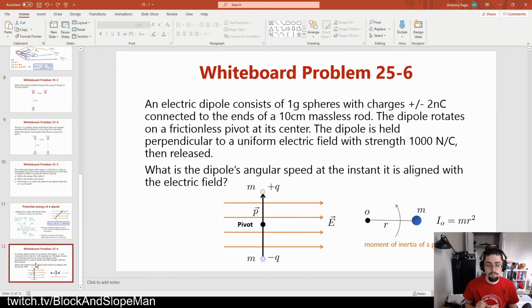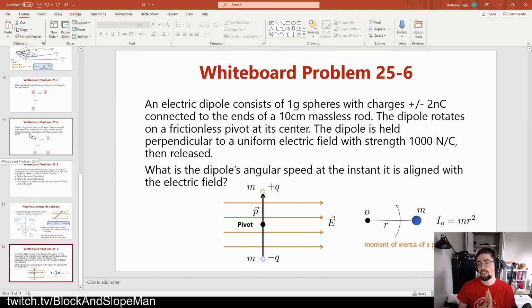So, let's go back to our old pendulum questions. Let's say I have a dipole and it's made of two 1 gram spheres, and each sphere has plus or minus 2 nanocoulombs on the end of a 10 centimeter massless rigid rod. So it's not going to bend or anything else. It's going to spin like we expect the dipole to.